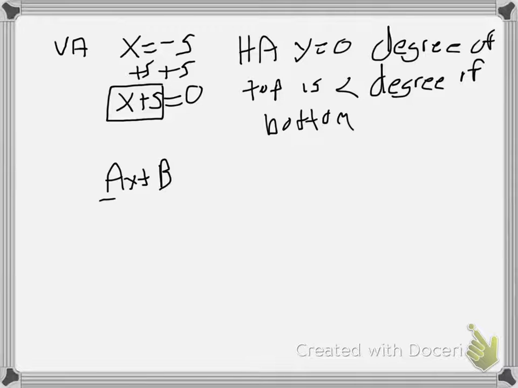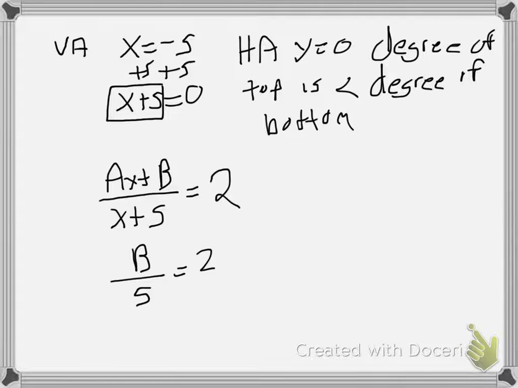But keep in mind that I'm also dividing that by x plus 5. So that has to equal 2. Well, again, 0 for x, so I have b over 5 equals 2. Well, then what does b have to equal? B has to equal 10.